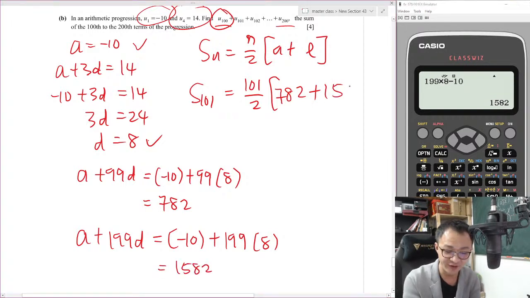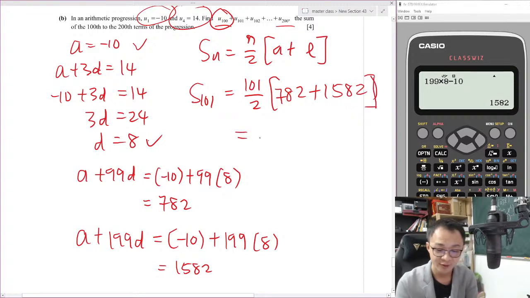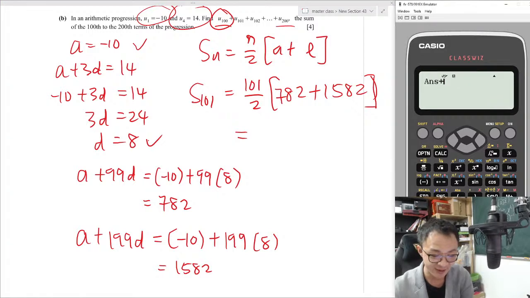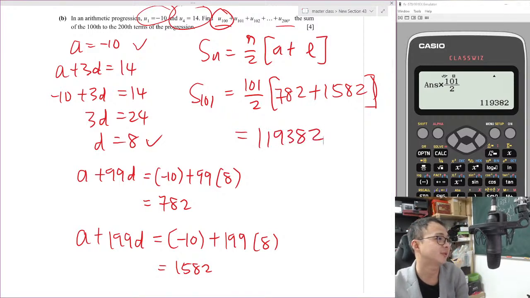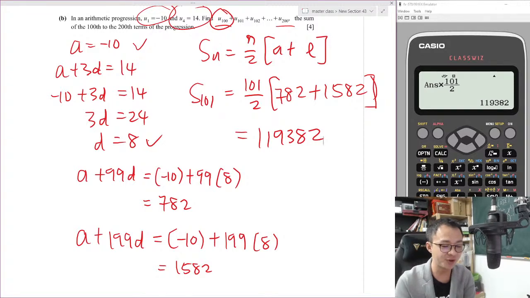L stands for the last term, just in case some student is wondering. Then plus 782, and then multiply 101 over 2. Is my answer correct? 119382, which is correct.